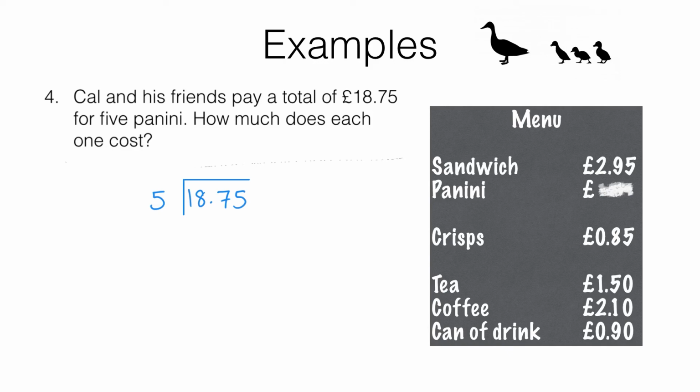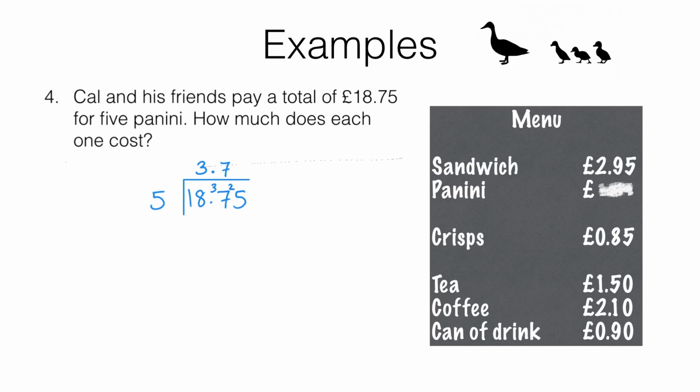Here's what you should have got. 5 doesn't go into this 1 here, so I need to consider this as 18. 5 goes into 18 3 times. It leaves a remainder of 3, so I'm going to pop that remainder there. I also need a decimal point in line with my decimal point here, so it's going to be 3 point something. 5 goes into 37 7 times. 7 times 5 is 35, which means I've got a remainder of 2 from here.